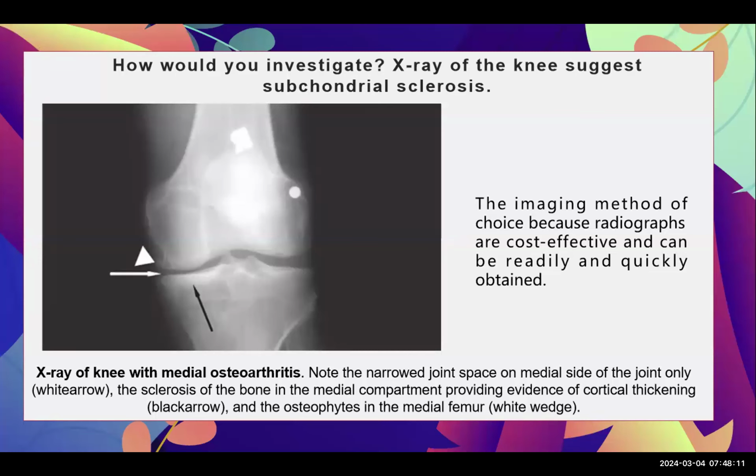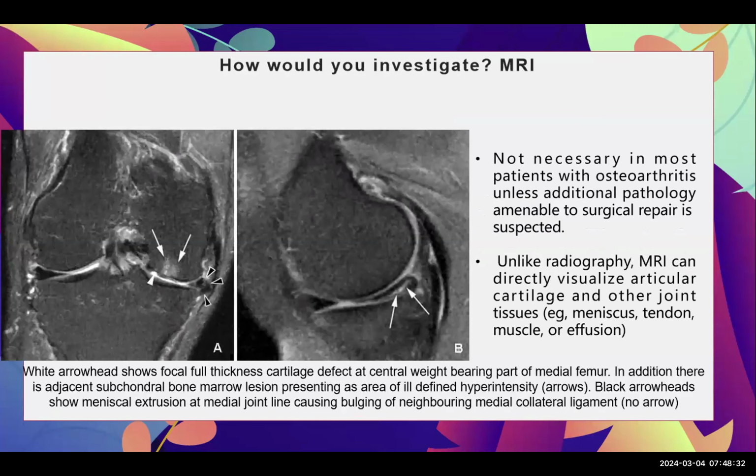Of course, X-ray is the imaging modality of choice. It's cheap, cost-effective, readily available, and quickly obtained. These are some of the investigations. There could also be cysts as well as osteophytes. Also, MRI could be an investigation modality.